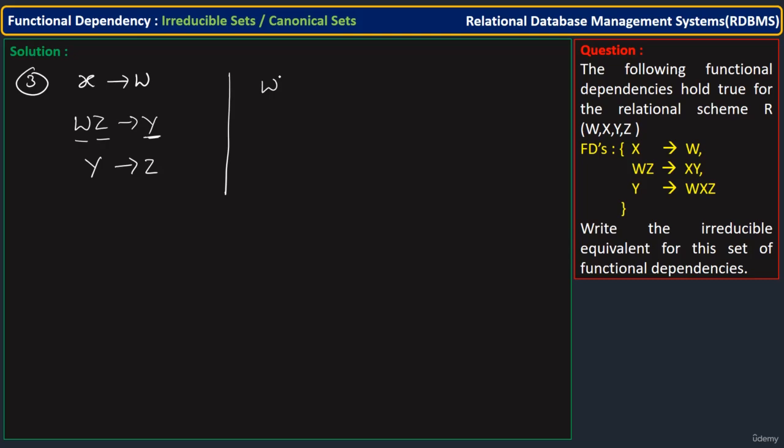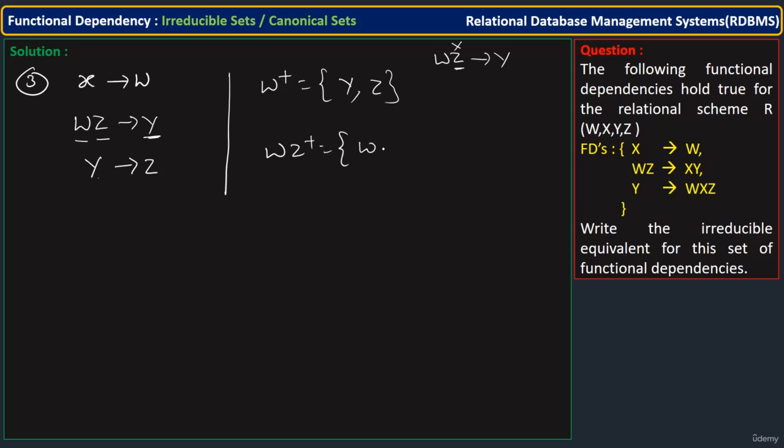So let us try to find W closure first. That means Z we skipped; Z is not there. In this, WZ generates Y. In this, Z we are skipping, so W generates Y, and Y generates Z. This is the result. And WZ closure is what?